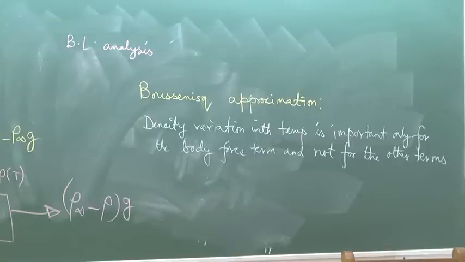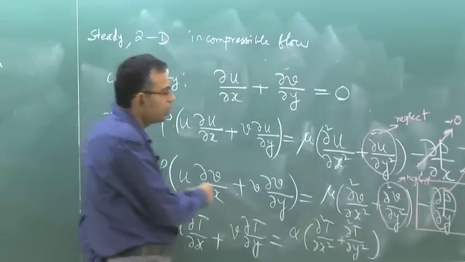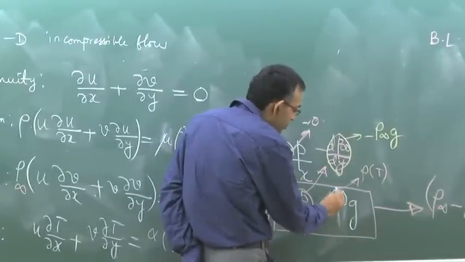So that means for the other terms you can write rho as rho infinity, only in this term you do not write rho as rho infinity. So this is a very special term.